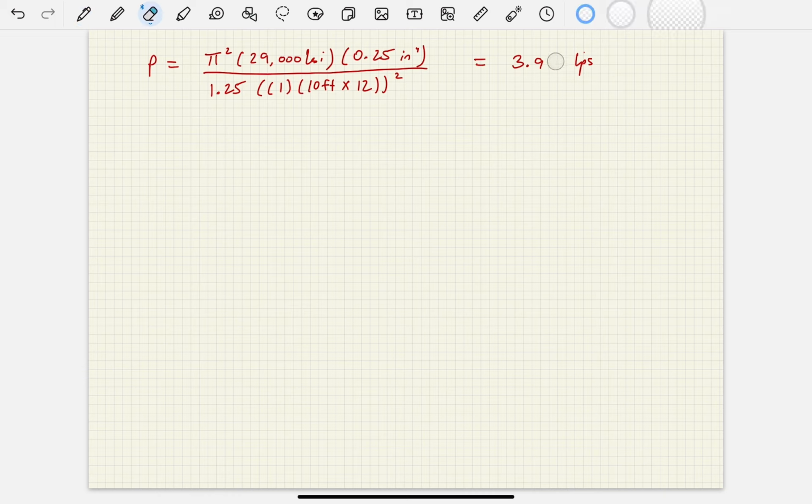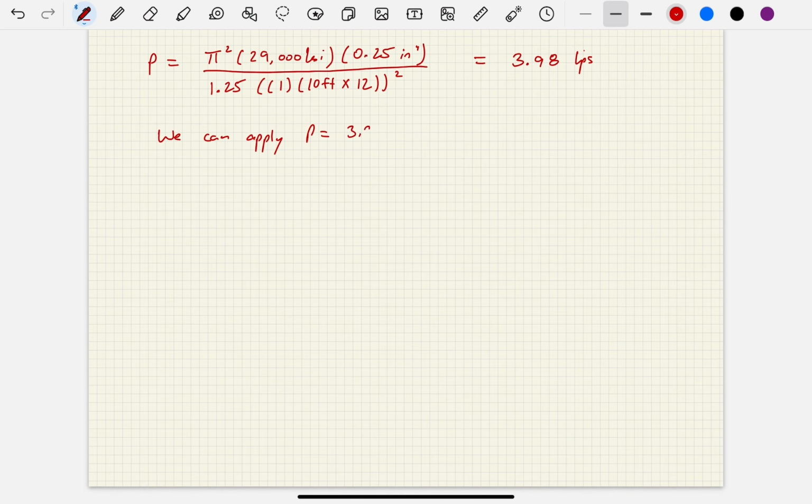So I can adjust that. 3.98 kips, okay? So we'll make a note here. We can apply P equals 3.98 kips to joints B and C.